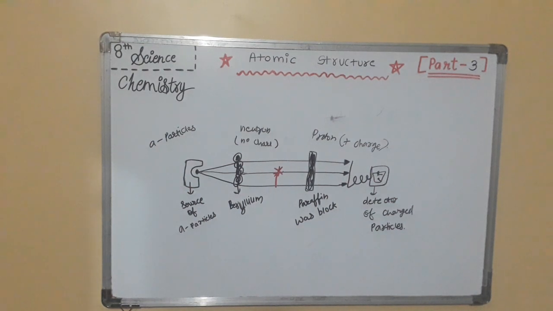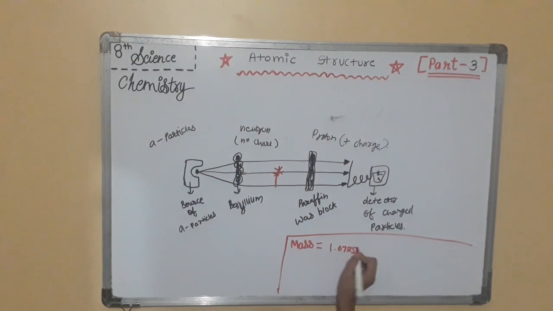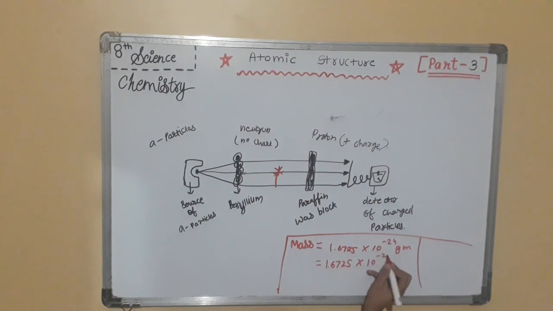Next, after the discovery, the mass and charge of neutrons remained. The mass is nearly equal to the mass of a hydrogen atom: in gram, 1.6725 multiplied by 10 raised to minus 24 gram, and in kilogram, 1.6725 multiplied by 10 raised to minus 27 kilogram, and 1.00866 AMU, atomic mass unit.